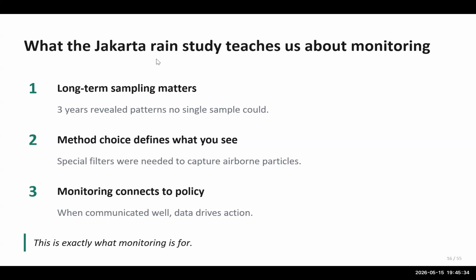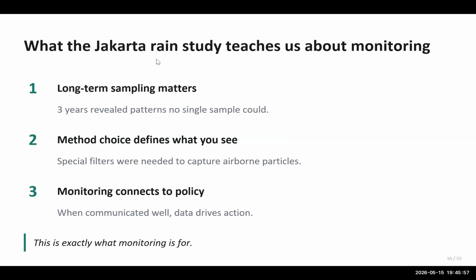So what does the Jakarta study teach us? We have 3 main lessons here. One, long-term sampling is very important. 3 years reveal patterns that a single sample or a single measurement could never. Number two, the method of choice defines what we can see in the environment.